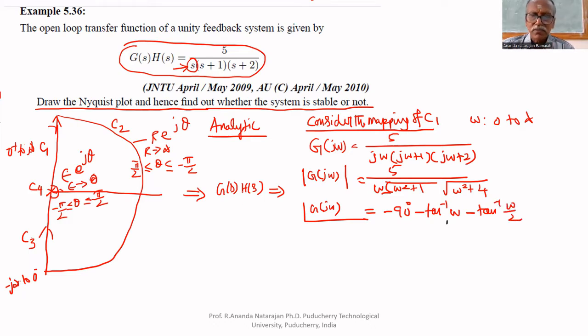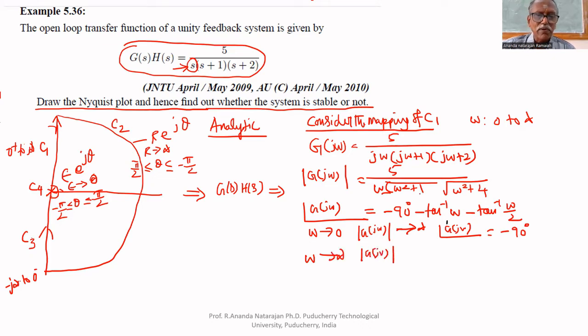If we substitute omega, when omega tends to 0, the modulus of G(j omega) tends to infinity, and the angle, if you put omega equal to 0, is minus 90. When omega tends to infinity, because there is no polynomial in the numerator, only the denominator polynomial, it tends to 0.